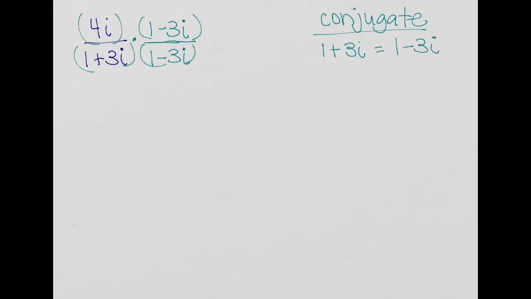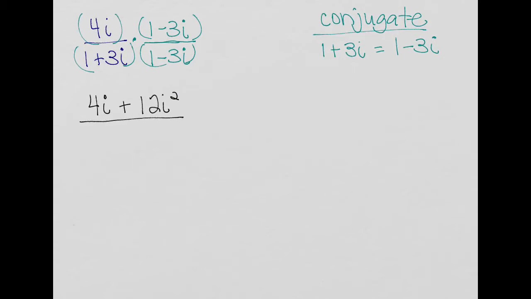So in the numerator, I'm basically just distributing. So 4i times 1 will be 4i, and 4i times negative 3i would be a positive 12i squared.